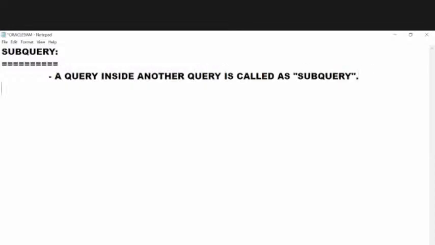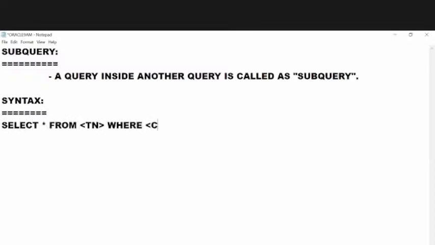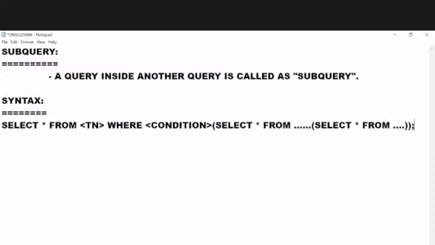What is the syntax for this subquery? Observe. Select star from table name where condition of select star from, of select star from. So first and second.